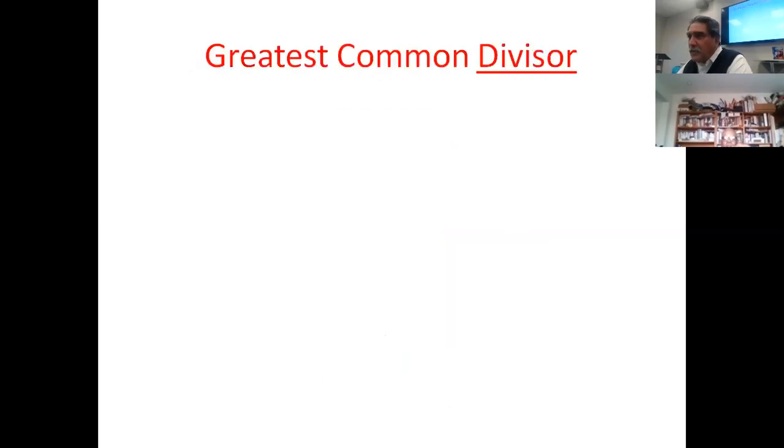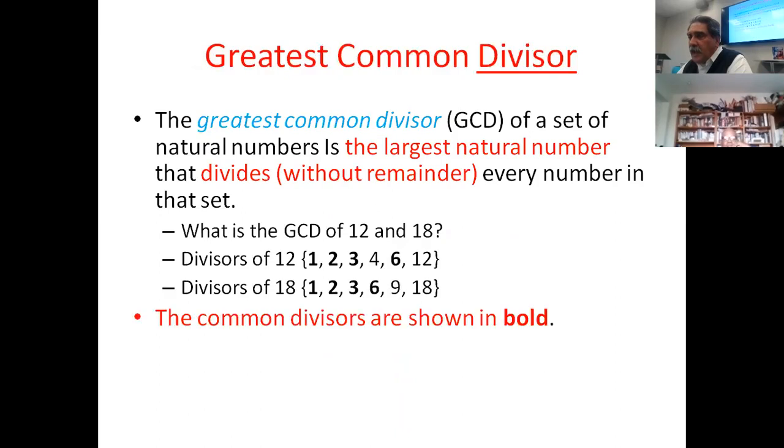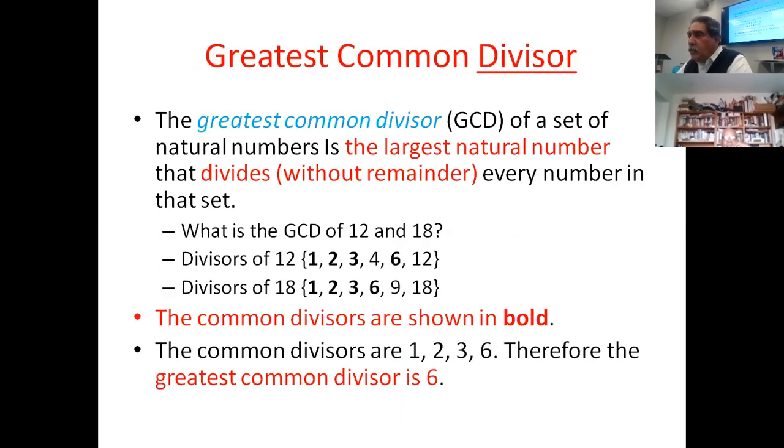Okay. Now, we have two important things in math. One is called greatest common divisor, and then another one is the least common denominator. When we want to find the greatest common divisor, or GCD, the GCD of a set of natural numbers is the largest natural number that divides without remainder every number in that set.